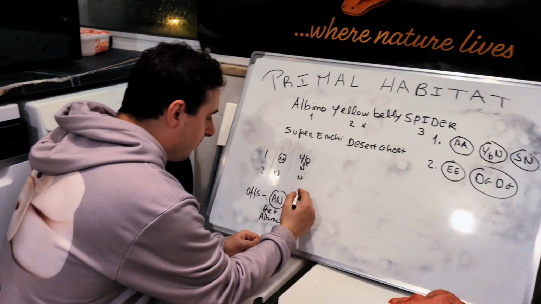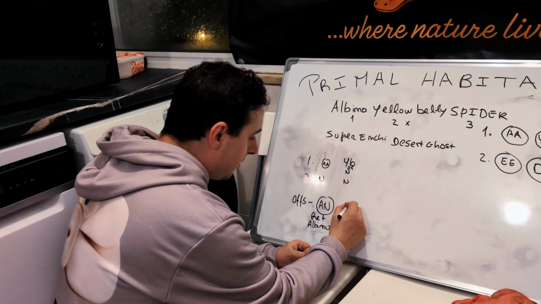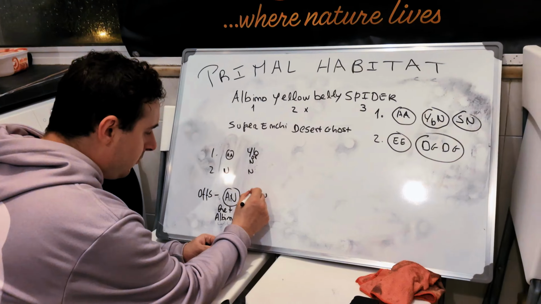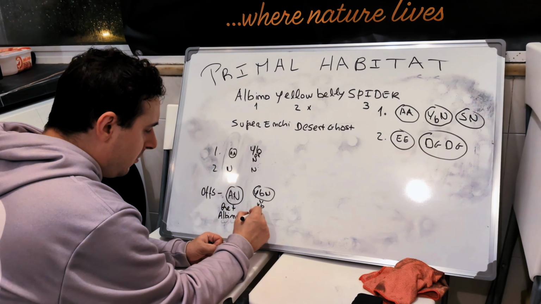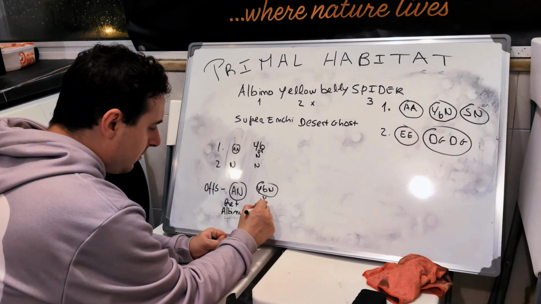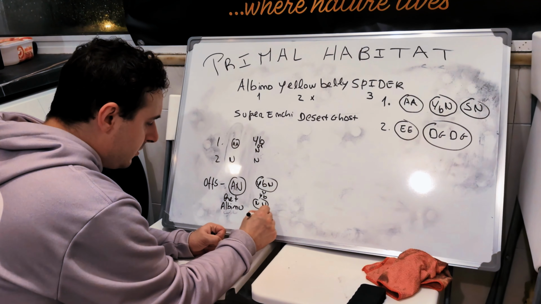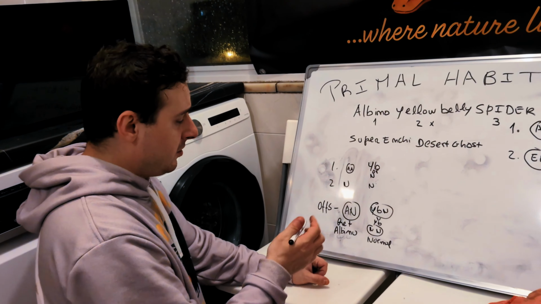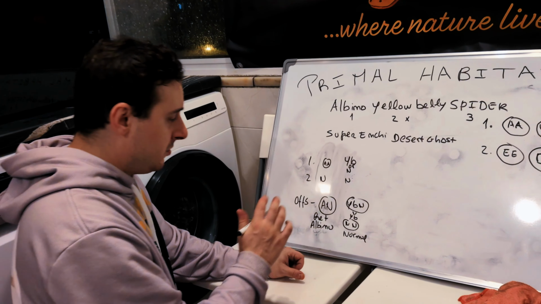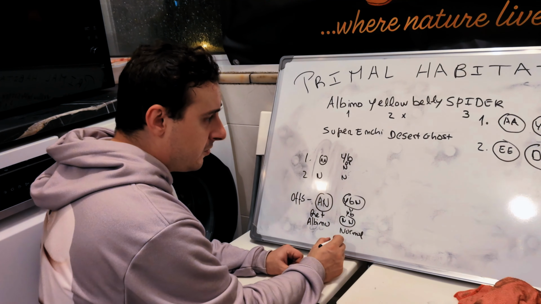So in 50% of the cases we could have yellow belly normal, which would mean yellow belly, or N, which would mean normal. So we don't know if we would get yellow belly or normal in the offspring.